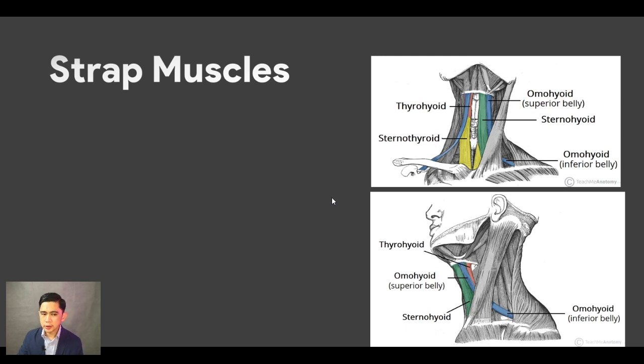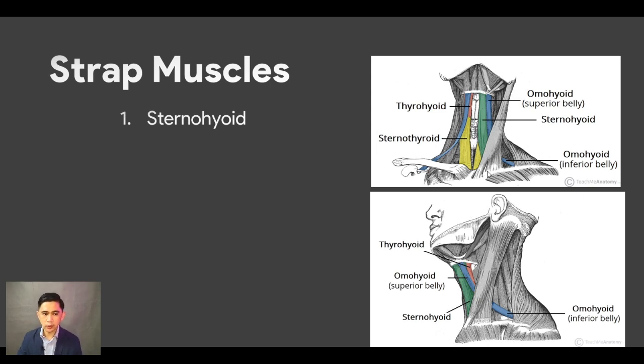The strap muscles are composed of 4 muscles. First is the sternohyoid, meaning it spans from the sternum to the hyoid. This is the hyoid bone, and this is the sternum. So it spans the whole anterior neck from the hyoid to the sternum.